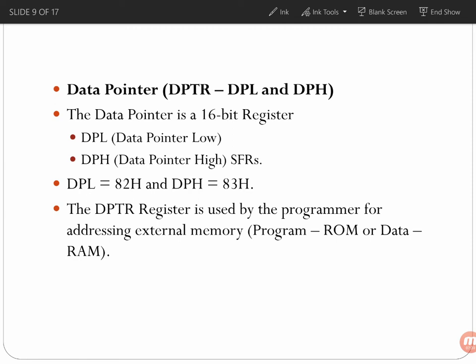DPTR doesn't have a physical memory address, but the DPL and DPH have addresses. DPL address is 82 and DPH is 83. The DPTR register is used by the programmer for addressing the external memory. The external memory may be program memory or ROM, and data memory RAM.